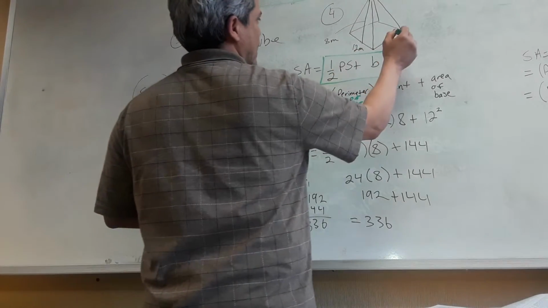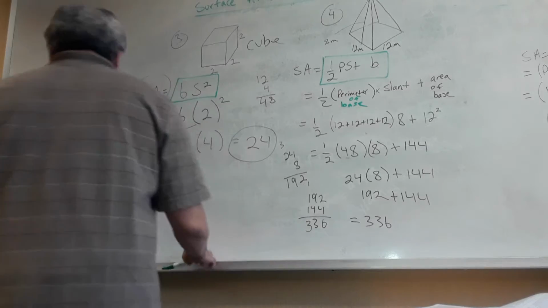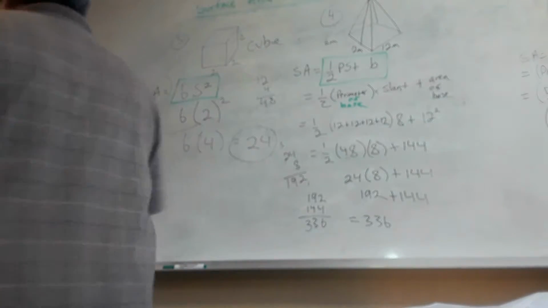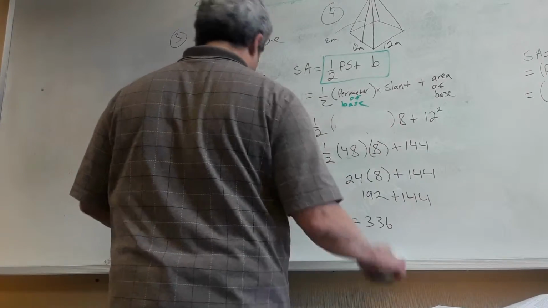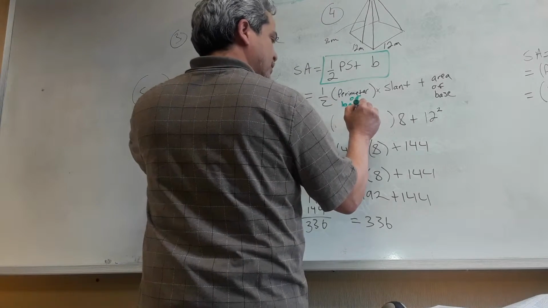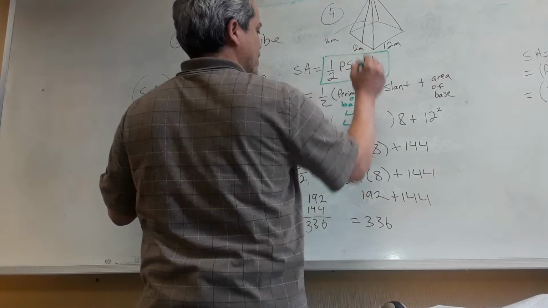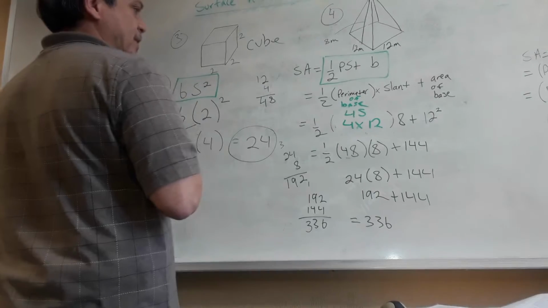So 12, 12. It looks like a square, right? Do you remember the formula to get the perimeter of a square, which is 4s, or 4 times 12? You remember that.